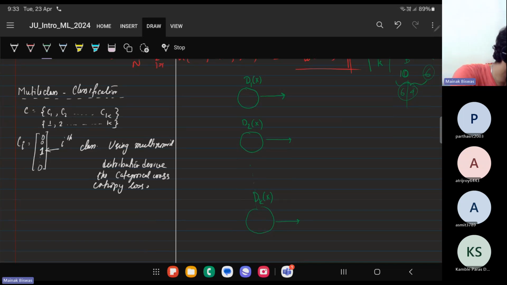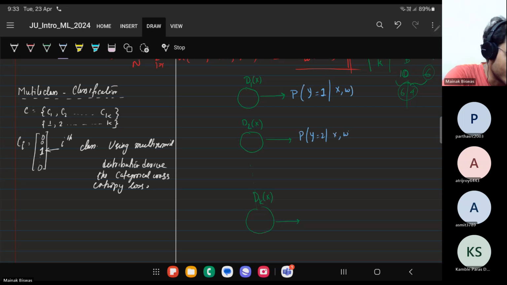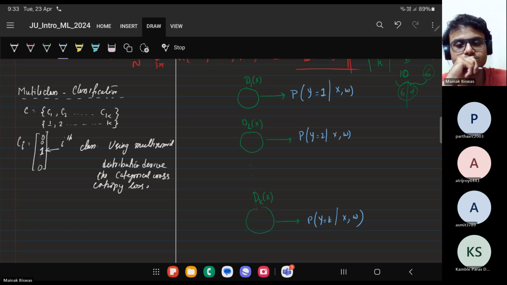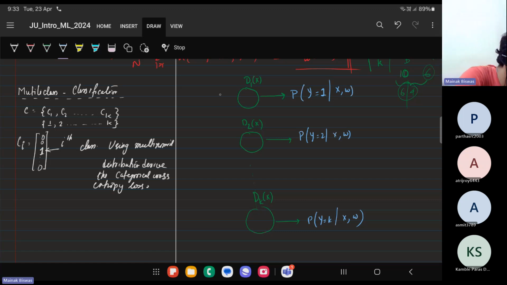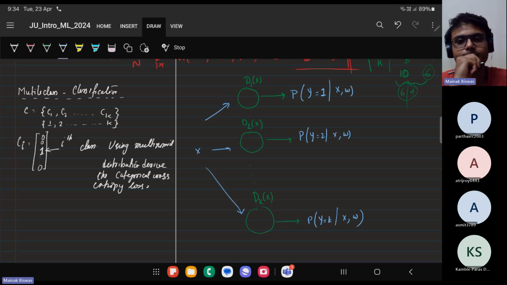We have done this in the previous classes. This is what I want. This is the discriminant function logic that I had used.